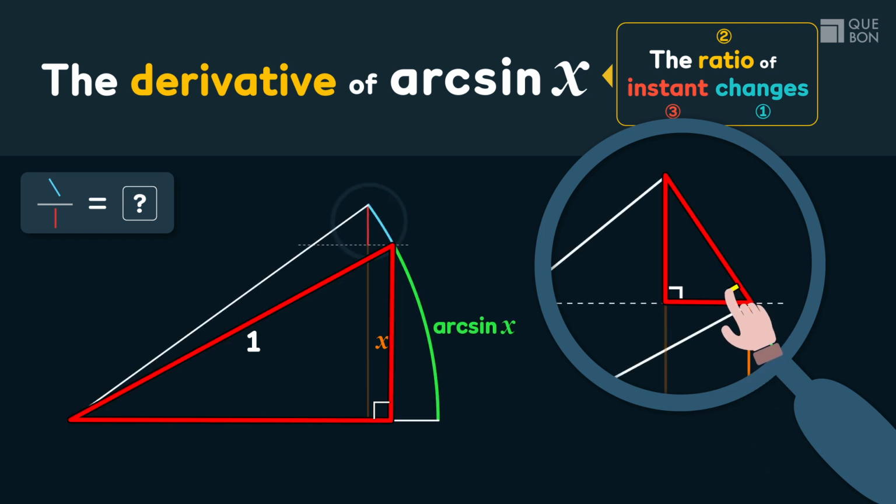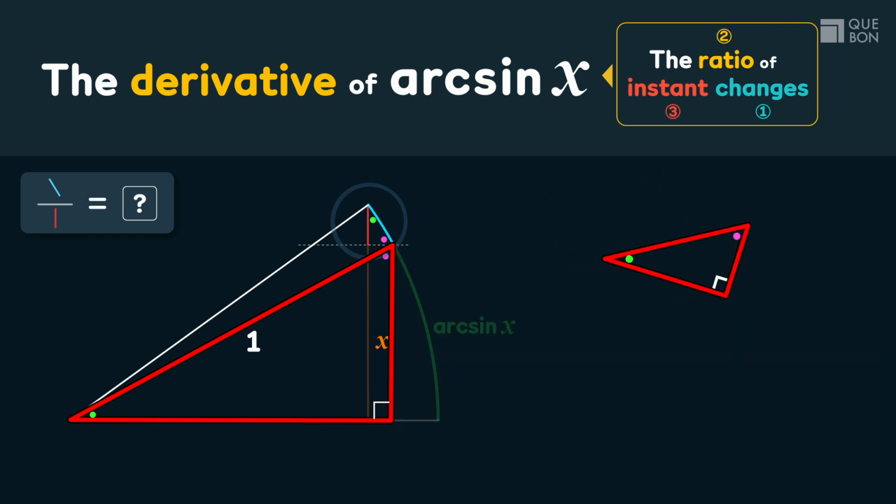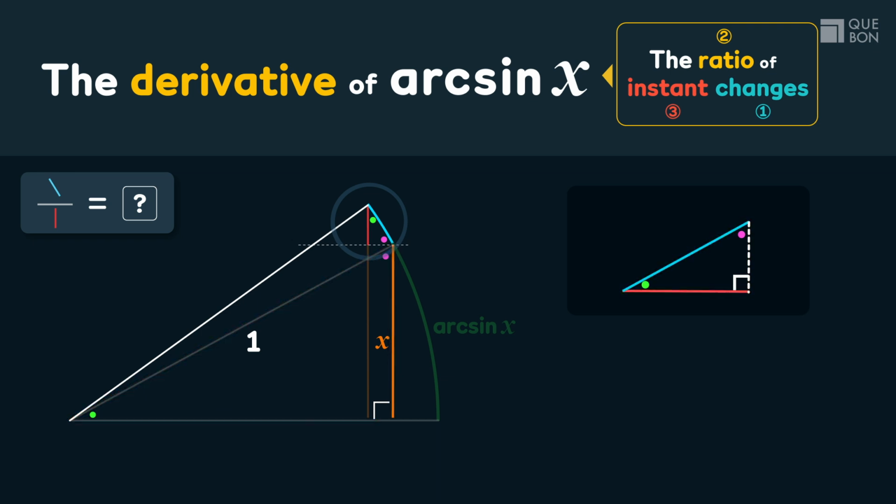Why? Both have a right angle. And they share this same corner angle. So all their corresponding angles are equal. If you rotate the figure a bit, it becomes easier to see. Let's match the colors side by side. Now it's clear. Every ratio matches.